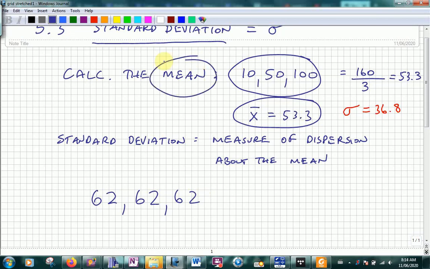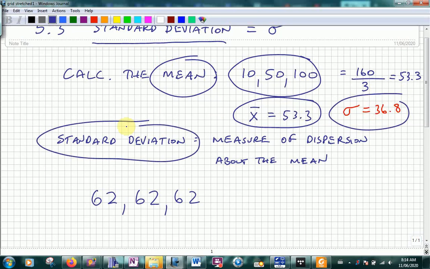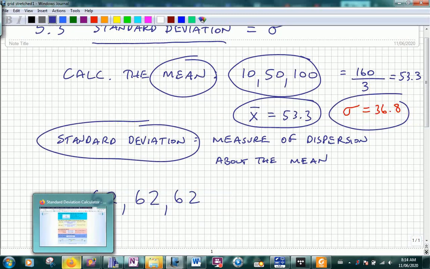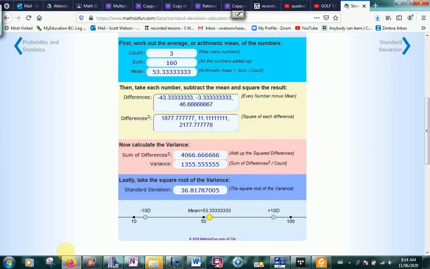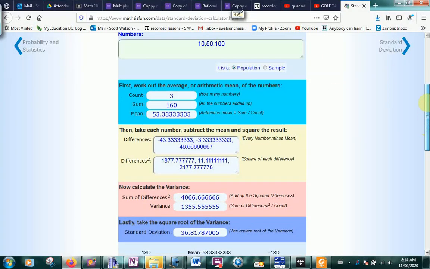The mean, that's what your mark would be as well, right? 62%. If you don't believe me, add all those up, divide by 3, you'll get the same number. Any guesses what the standard deviation is going to be here? That is, like I said, as consistent as you can possibly be. You can't get any more consistent than that.